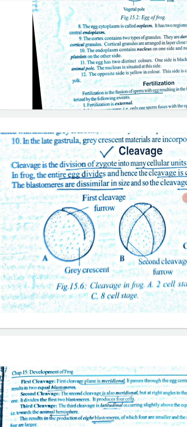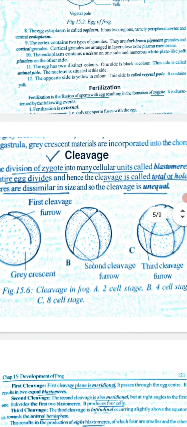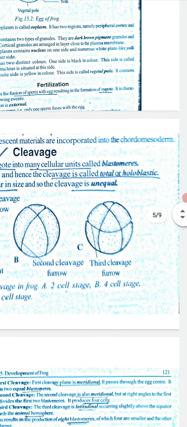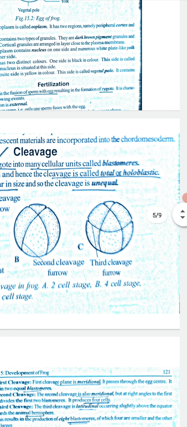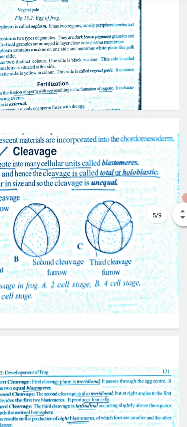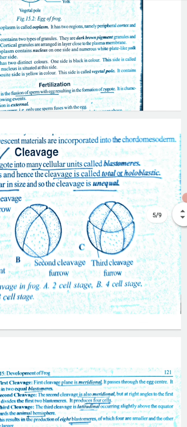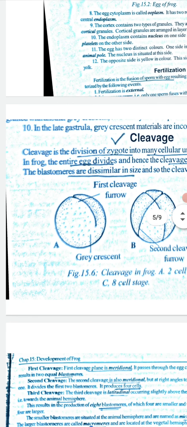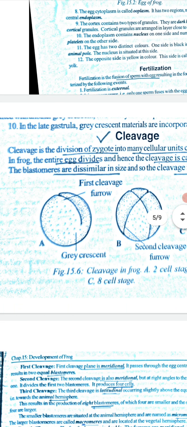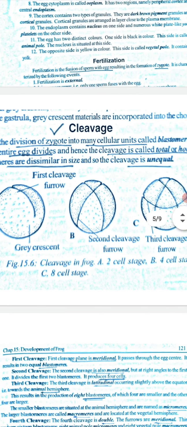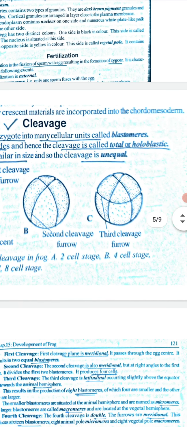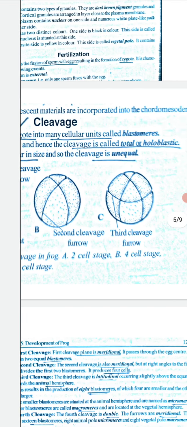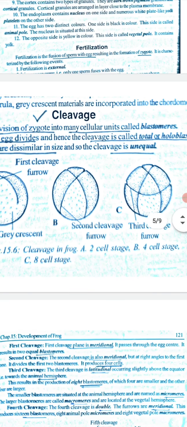In the frog, the whole egg is divided into a number of cells, therefore the cleavage is called total cleavage or holoblastic cleavage. And the cells or units called blastomeres are dissimilar in size, therefore the cleavage of the frog is unequal.